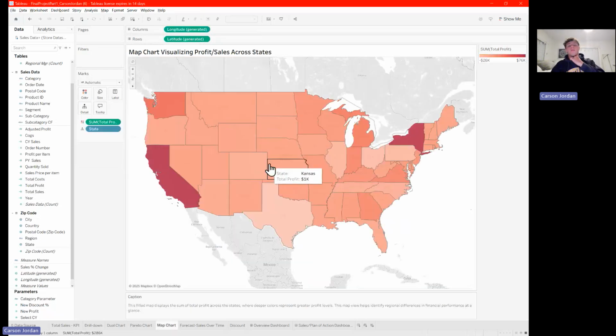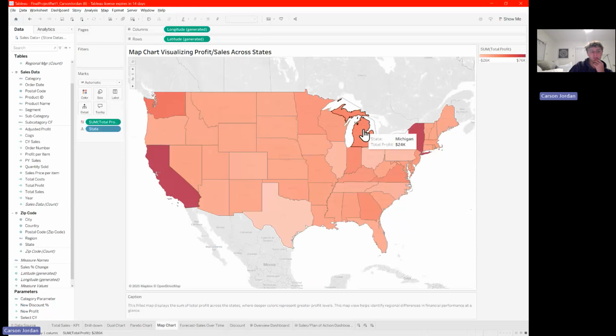So for my map chart, I wanted to visualize the profit and sales across the states. For the geographic map, I looked at performance by state. States such as California, New York, and Michigan showed strong profitability, and they appeared as darker colors on this map.